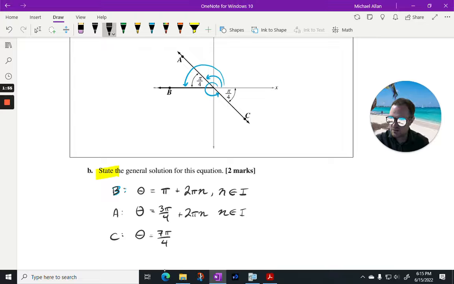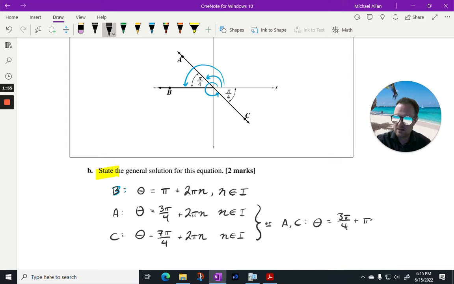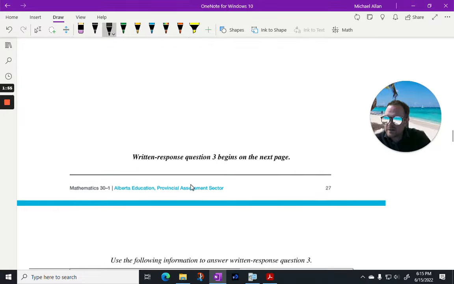I'm going to use the principal angle, the positive angle. Now this is fine. Or I can connect A and C together as 1. Because there is a pattern between the two where you're adding pi instead. There's only a pi difference, 180 degrees, between them, right? So it's up to you how you write that, but the B there has to be kind of separate because there's no pattern for it.